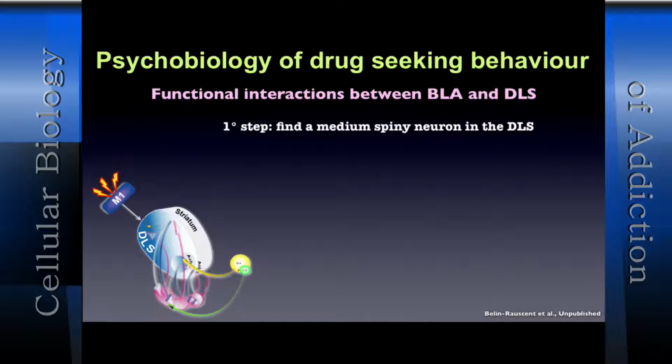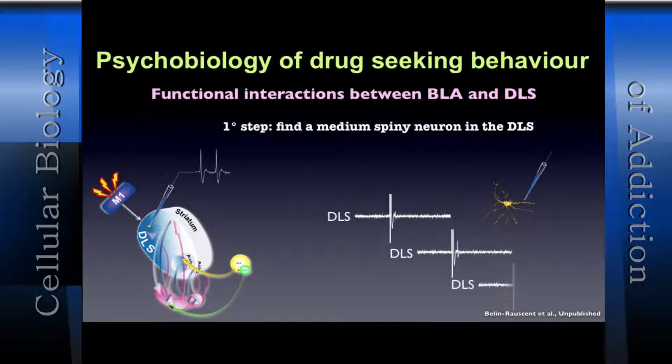She records these neurons, and she approaches her extracellular electrode to the neuron such that she ends up with a nice artifact, a nice action potential post artifact.